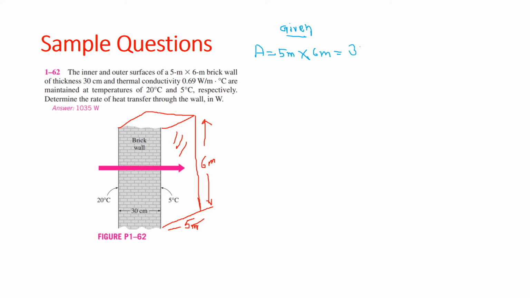So that is the area of the wall, 30 meter square. What is also given? The thickness of the wall. Let's take L as the notation. L is equal to 0.3 meter, since 30 centimeter means 30 by 100, which gives you 0.3 meter. What is also given? Thermal conductivity of the wall is also given.